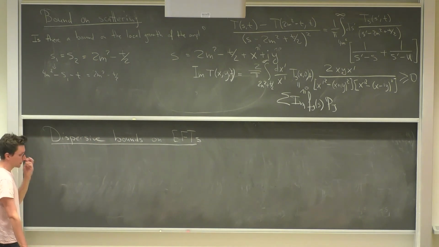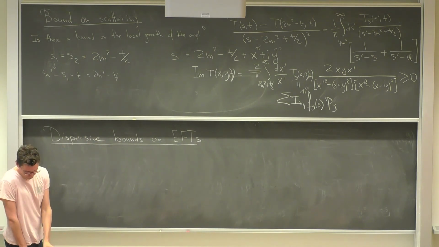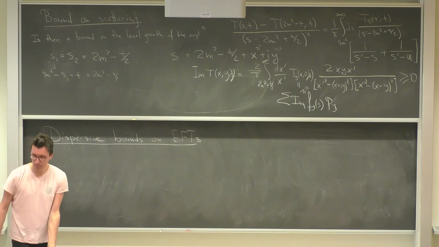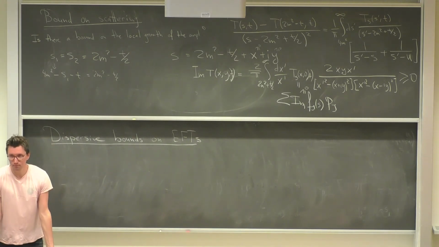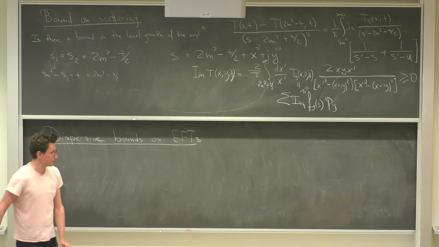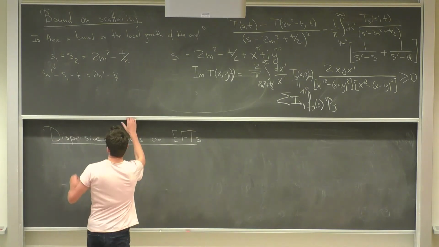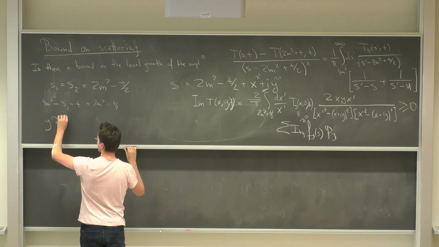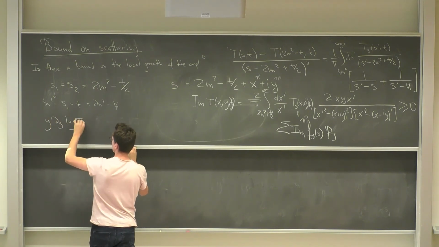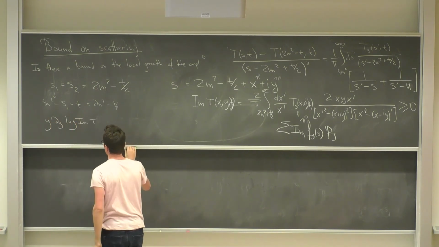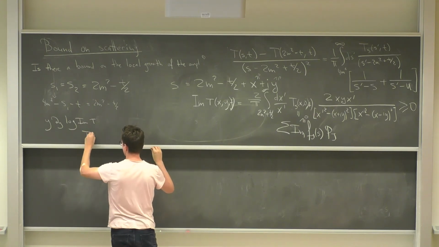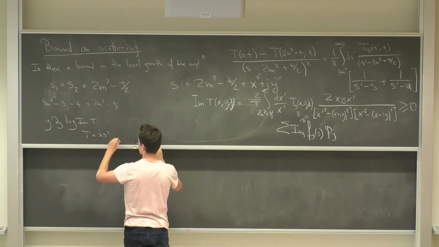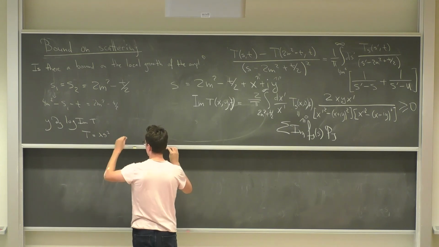There is a question from Sergio. What would break if I gave lambda an imaginary part? Yes, very good. So let me write. Let's say T is lambda S squared, and this has an imaginary part.